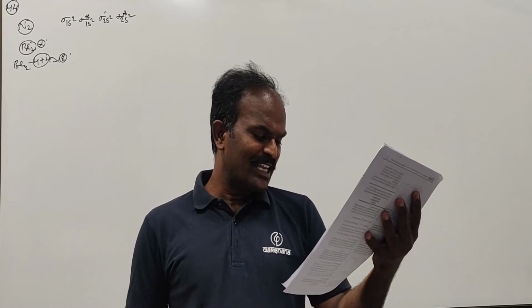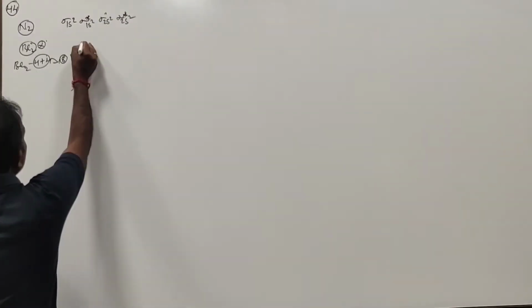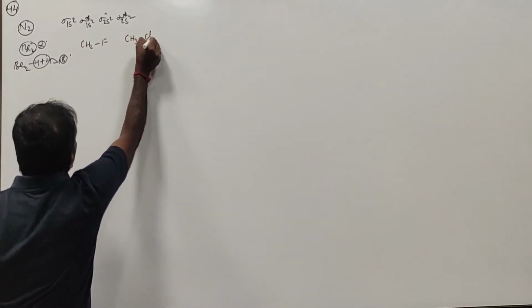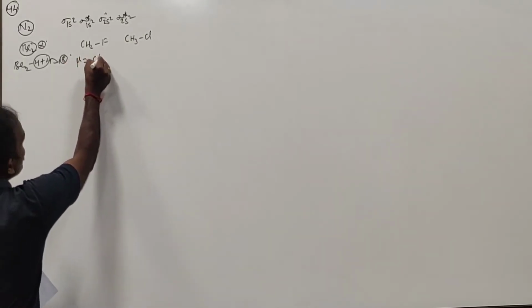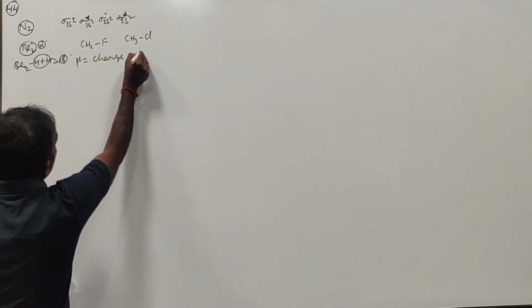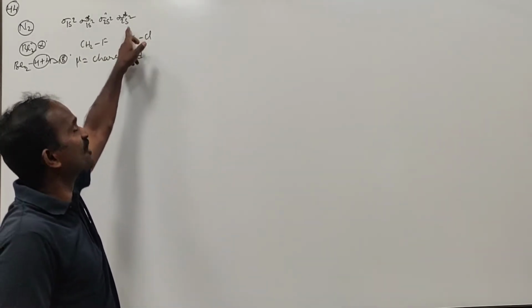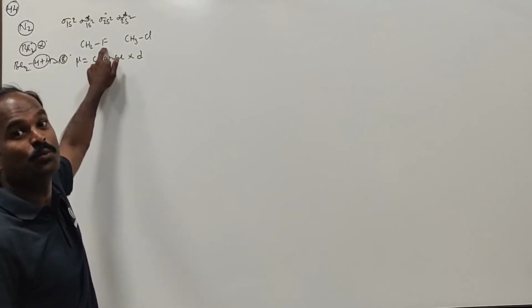The dipole moment of CH3F is greater than that of CH3Cl. When it comes to the dipole moment, mu is equal to charge into distance. In the case of carbon-chlorine, the distance is more, but the charge separation is going to be less. Whereas in the case of fluorine, charge separation is more.